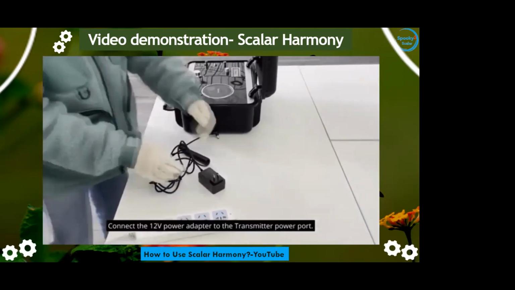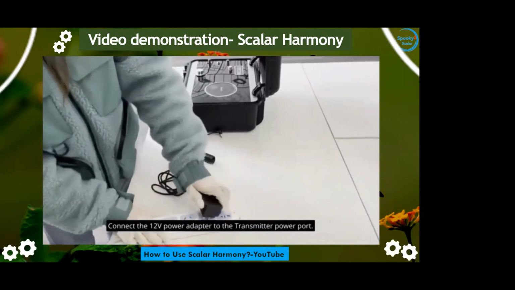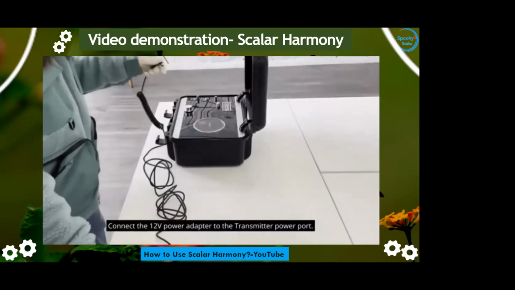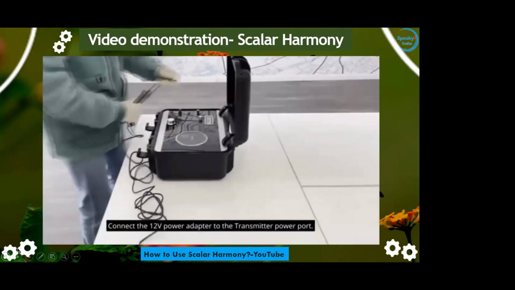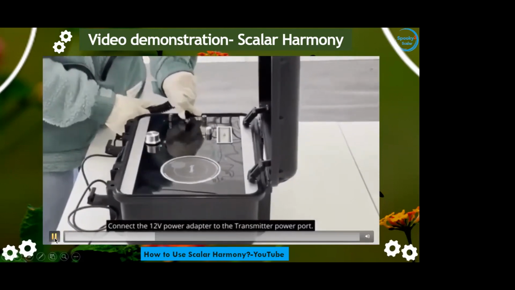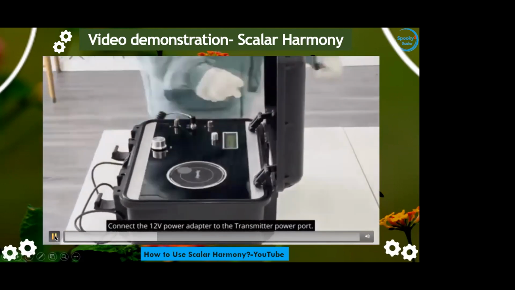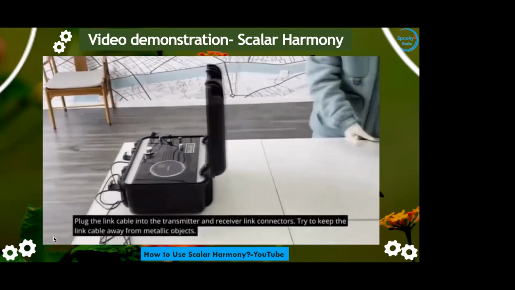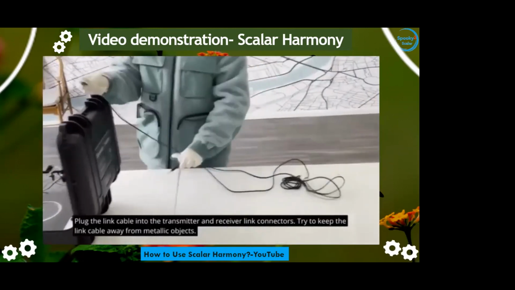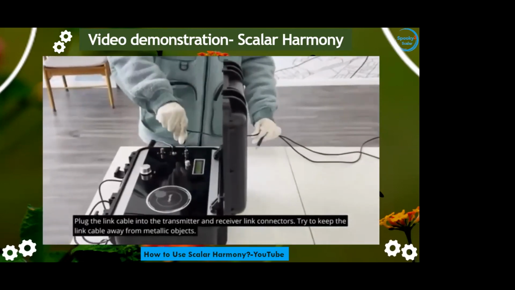Connect the 12V power adapter to the transmitter power port. Plug the link cable into the transmitter and receiver link connectors. Try to keep the link cable away from metallic objects.